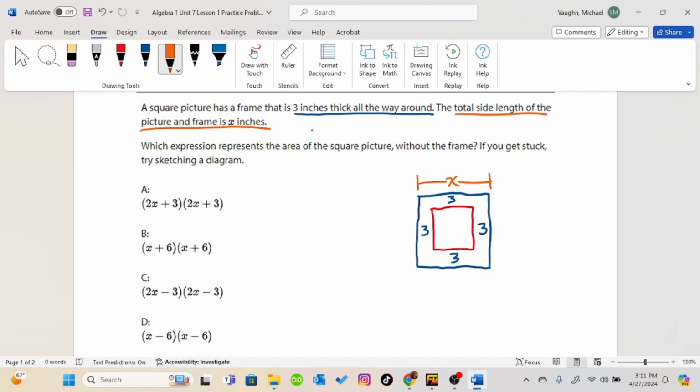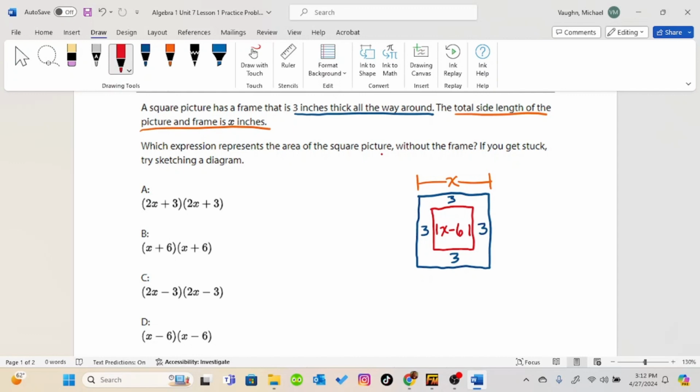So now they want to know which expression represents the area of the square picture. If the whole side length is X, but 3 inches of it is the left side of the frame, and 3 inches of it is the right side of the frame, then from the left side of the picture to the right side of the picture would be X minus 6.